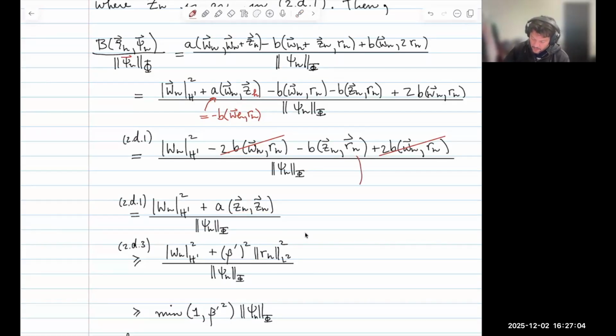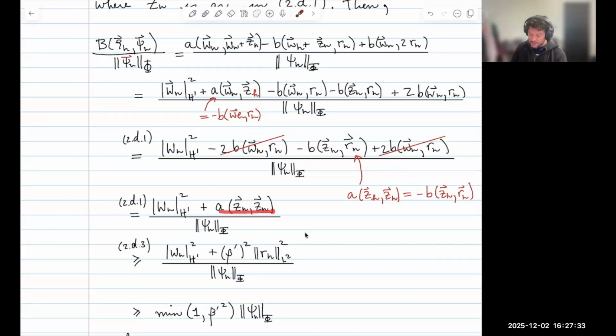This guy here would be equal to A(ZH, ZH). That one equals minus B(ZH, RH). Okay, so this guy is equal to that. So there's where I've placed that.